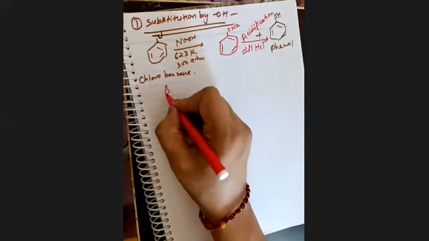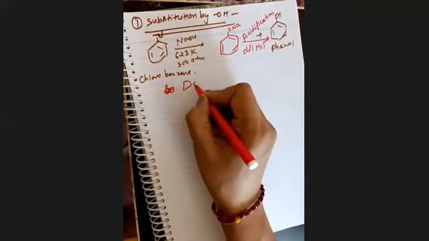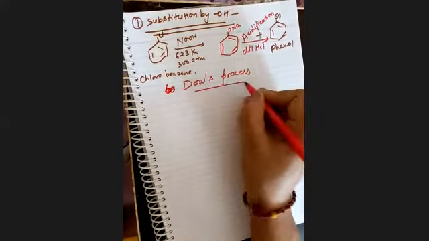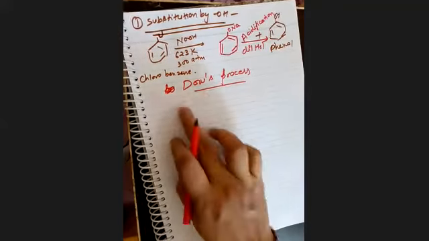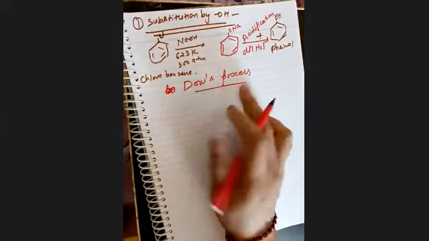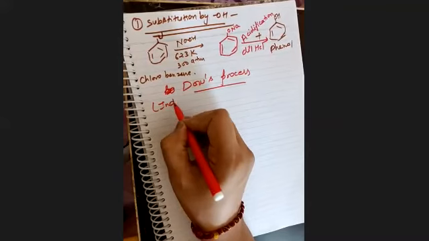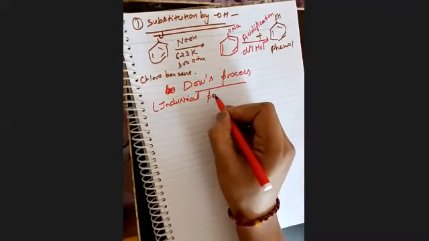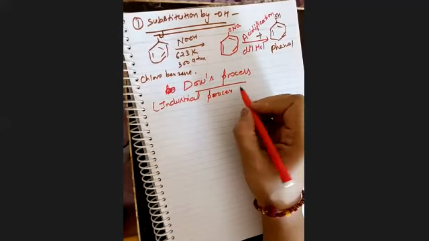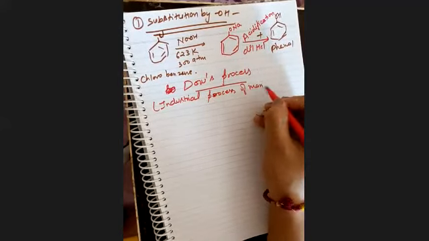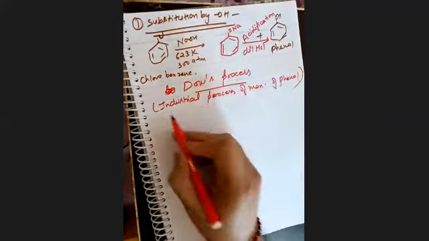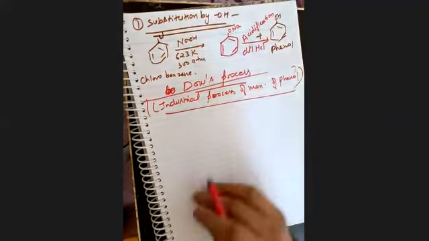This process is known as, the name is not mentioned in the book, in NCERT, note it down, Dow's process. This is known as Dow's process, D-O-W's. This is the industrial process of manufacture of phenol. Note this thing down. They can ask you this in 1 mark.